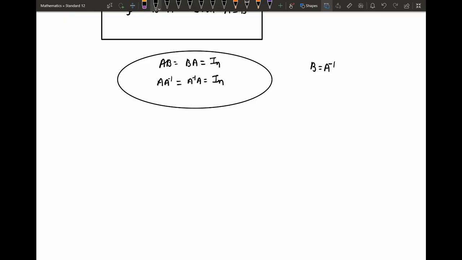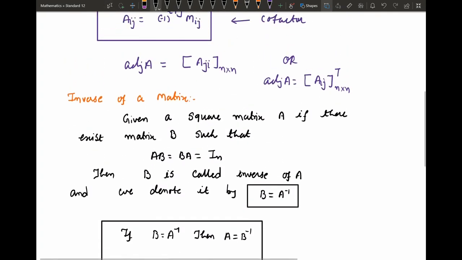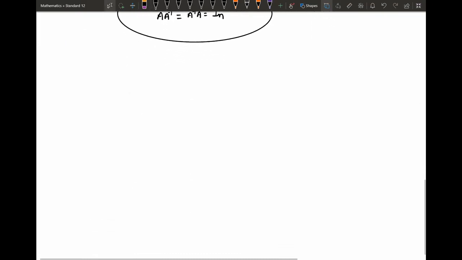Now the next definition is singular matrix.